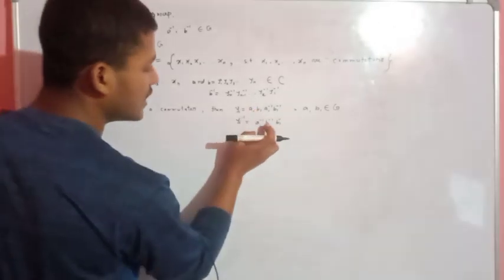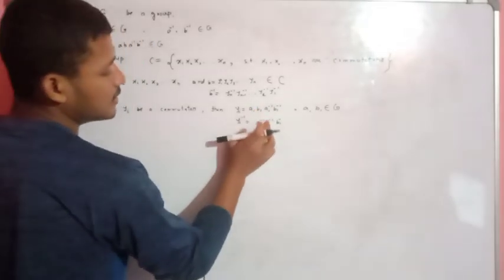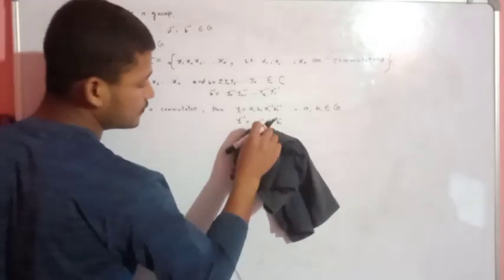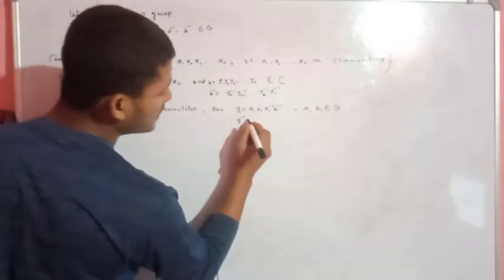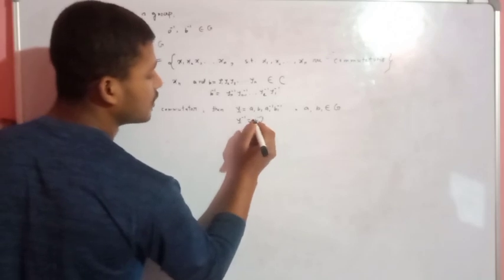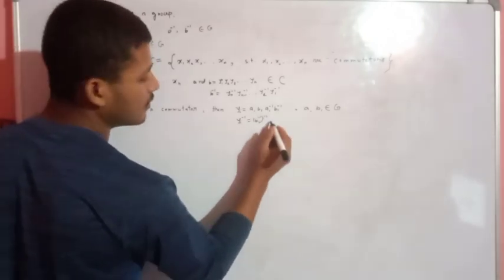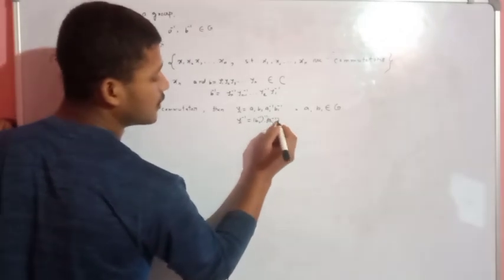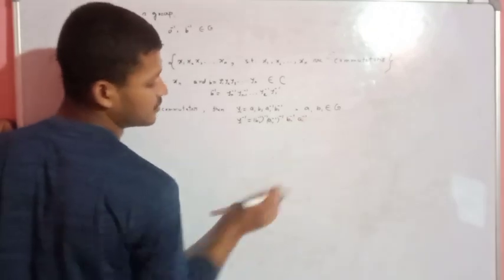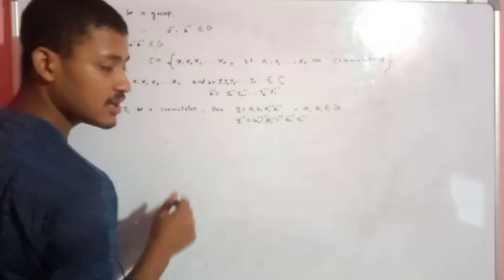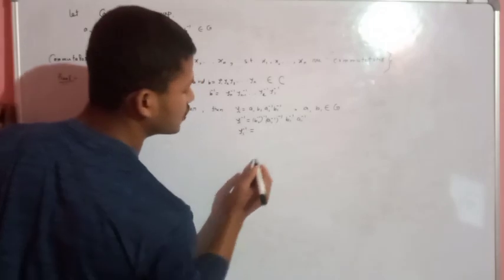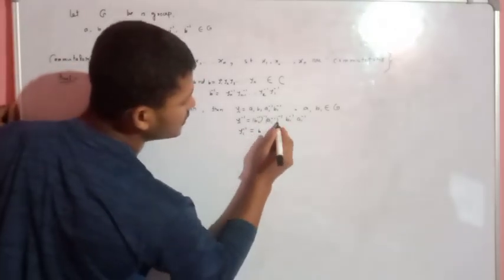Now what will be the inverse of this element? yi inverse will be the inverse of the whole product, reversed: the inverse of B1 inverse, then the inverse of A1 inverse, then B1, then A1. So yi inverse is equal to B1 inverse whole inverse, and so on.